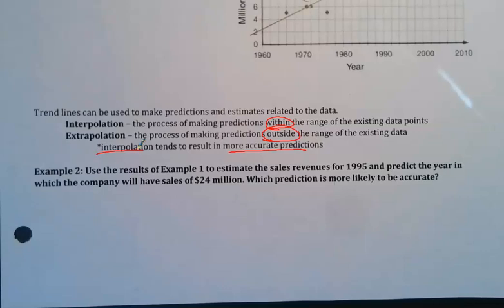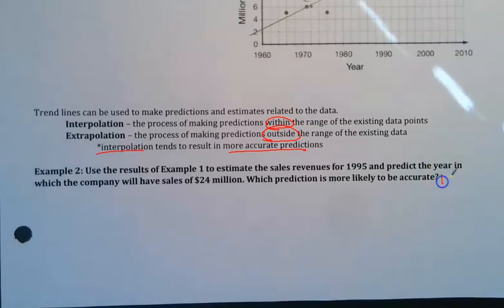So with that being said, example 2 says use the results of example 1 to estimate the sales revenues for 1995 and predict the year in which the company will have sales of $24 million. Which prediction is more likely to be accurate? So what do you think? Okay, you think the first one's going to be more accurate?